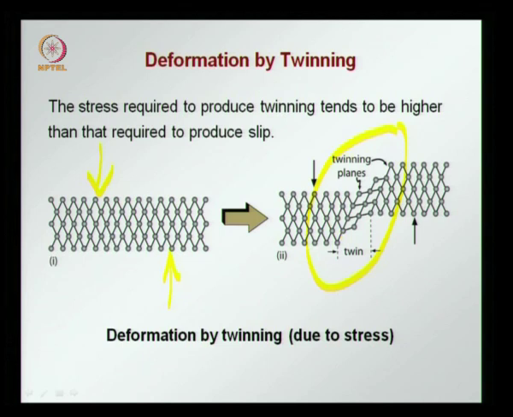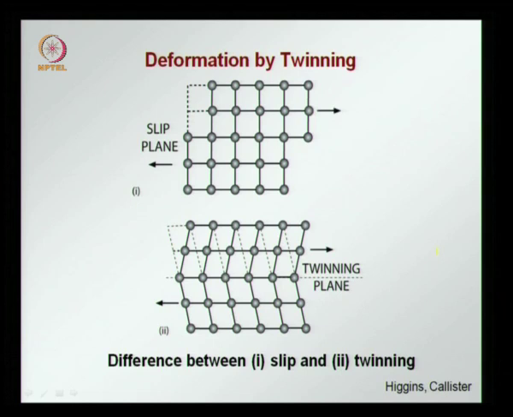So this is also a sizable plastic deformation that can occur in the material, and this mechanism does not require slipping because it occurs due to twinning. When we compare the two, we can see the difference here. Slipping occurs on the plane where the shear stress is applied, with atoms shifting by one lattice spacing.